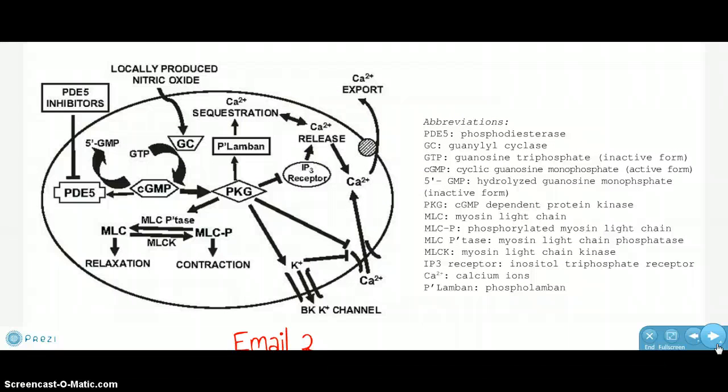Phosphodiesterase is an enzyme that breaks phosphodiester bonds. It removes cGMP once a signal molecule like nitric oxide isn't present anymore, so this turns off the function of the signal molecule. Viagra inhibits this so that it does not get turned off. This leads to increased blood flow and then the smooth muscle can relax.